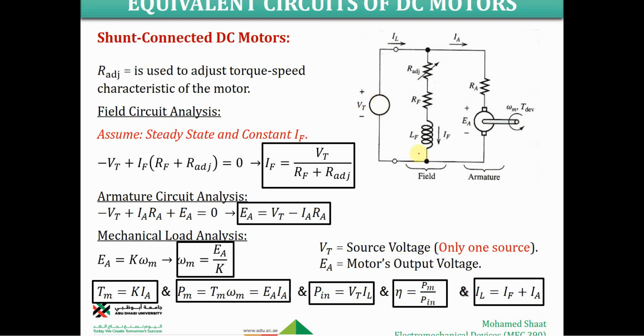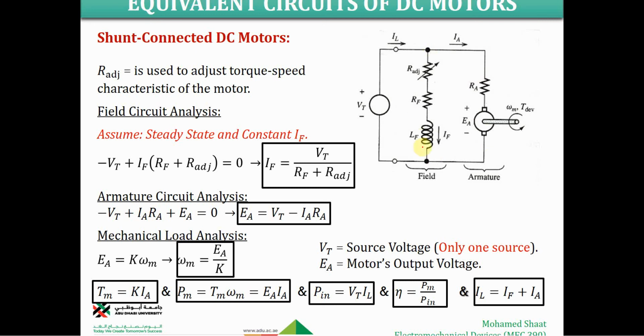So as you can see here, we do have one branch for the field where the magnetic field is going to be generated over this coil that is going to intersect with the armature of the electrical motor to give the torque and the speed of rotation of the electrical motor. And this branch is the armature branch.